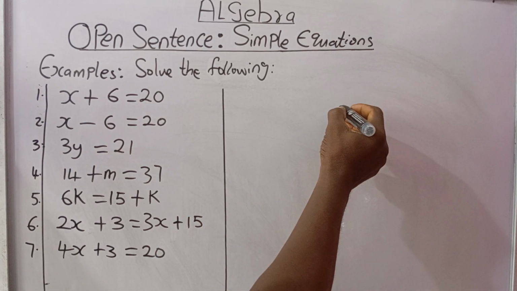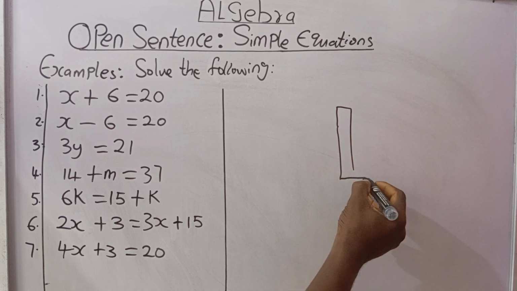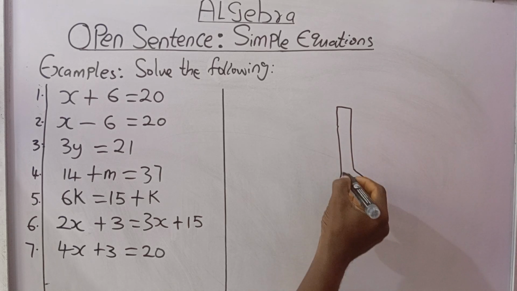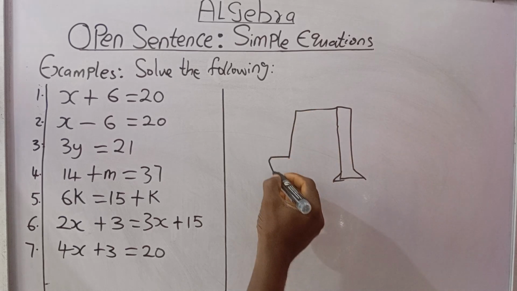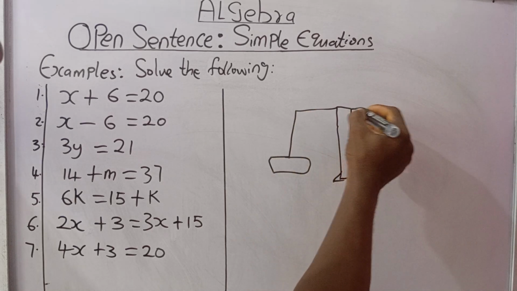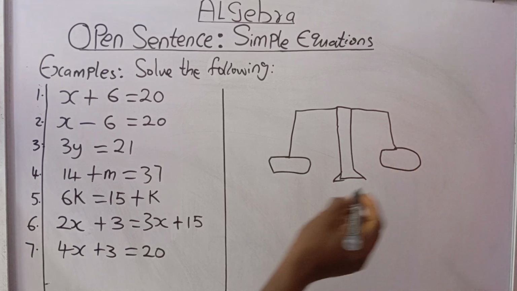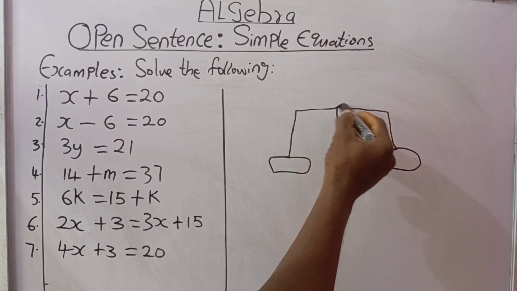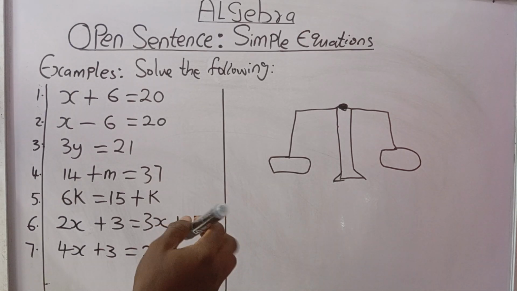If, for example, you have a swing like this. Let's say you have a swing. In that swing, one person is sitting on this tray. Another person is sitting on this one. This is something that children normally use in playing in primary school.